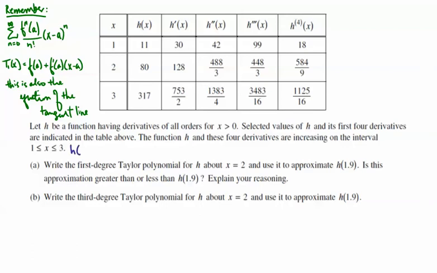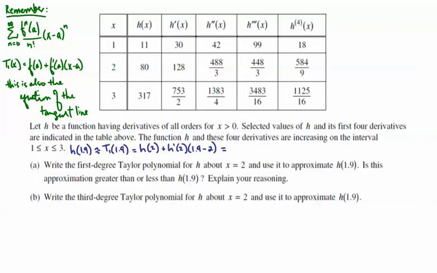So we can say that h of 1.9 is roughly equal to the value of the Taylor polynomial at 1.9, which is the original function h evaluated at the center 2 plus the first derivative of h evaluated at the center times x, which in this case is 1.9, minus the center, which is 2.